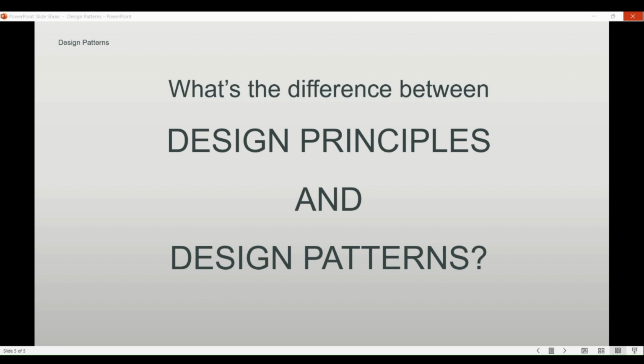So, design patterns provide specific solutions to common problems, while design principles provide general guidelines for designing software systems. In other words, design patterns are implementation level solutions to specific problems, while design principles are strategic level guidelines for designing software systems.